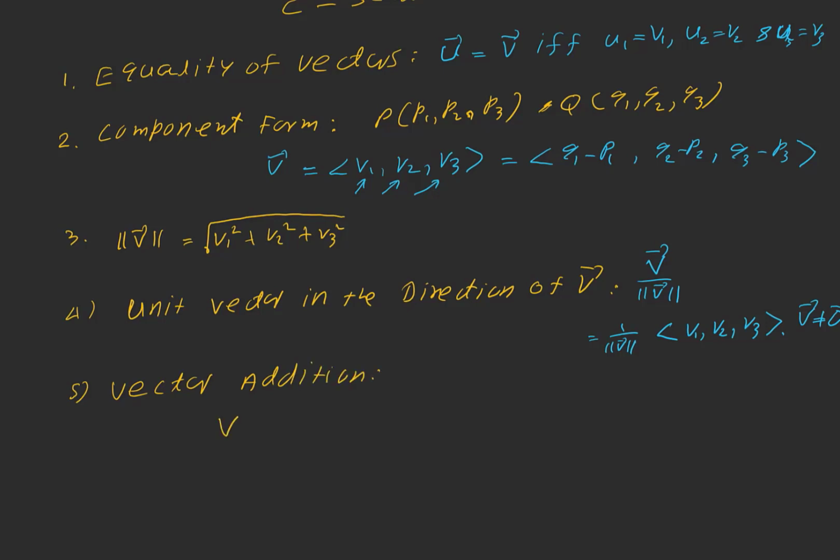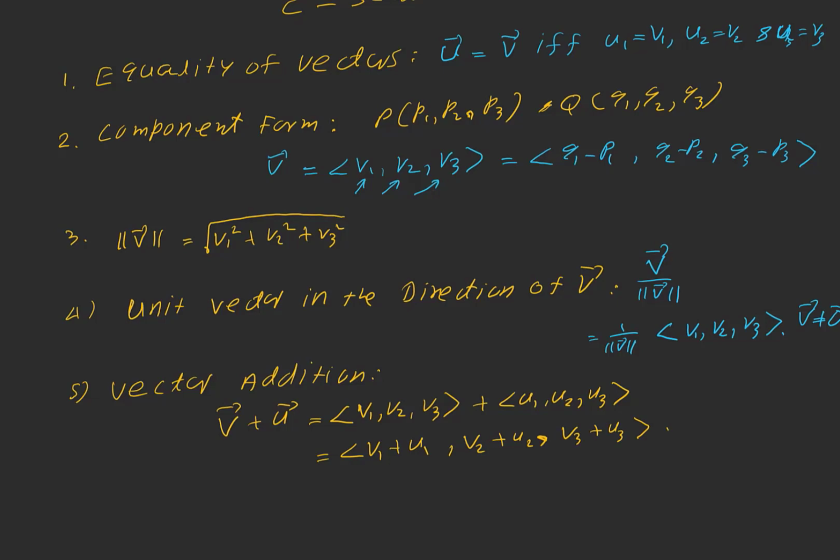Say v vector plus u vector: (v1, v2, v3) plus (u1, u2, u3). So you can add them: (v1 plus u1, v2 plus u2, v3 plus u3).